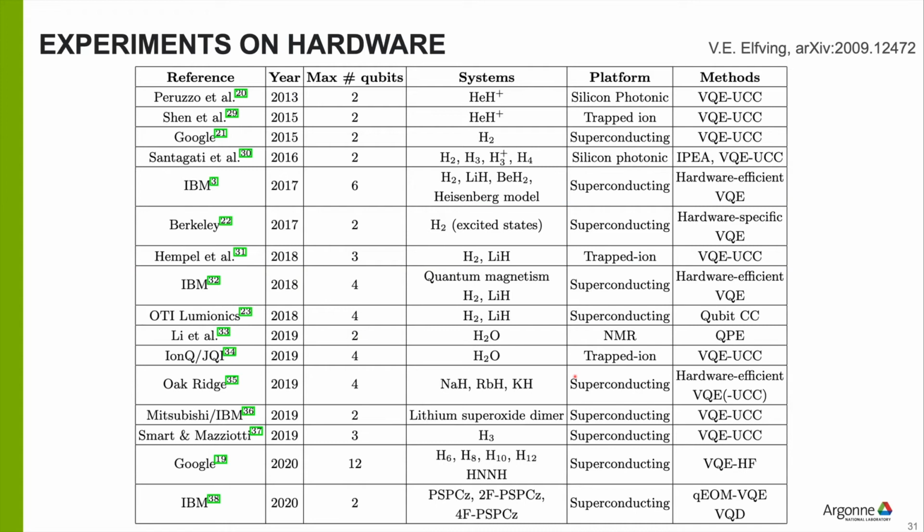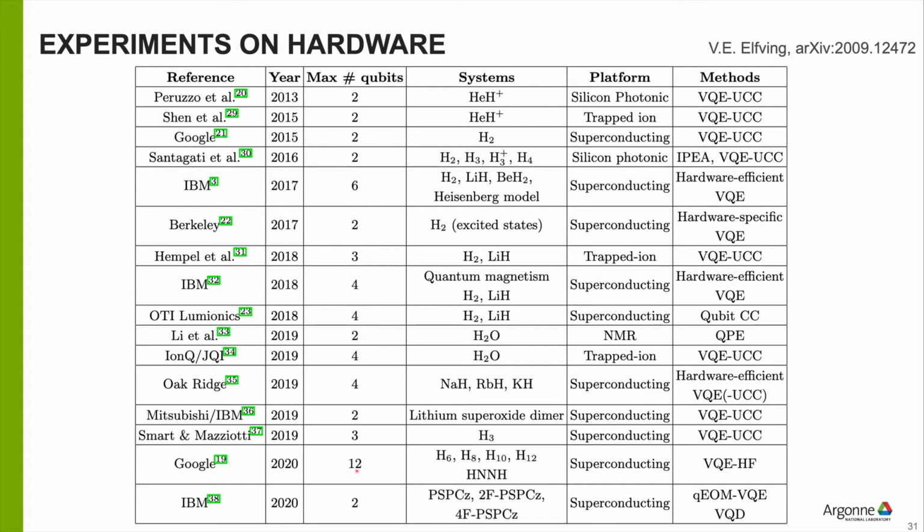And just a quick overview of what has been done to date on real quantum hardware. These are basically different experiments, and as you can see, the number of qubits is mostly just a few: 2, 4, 6.